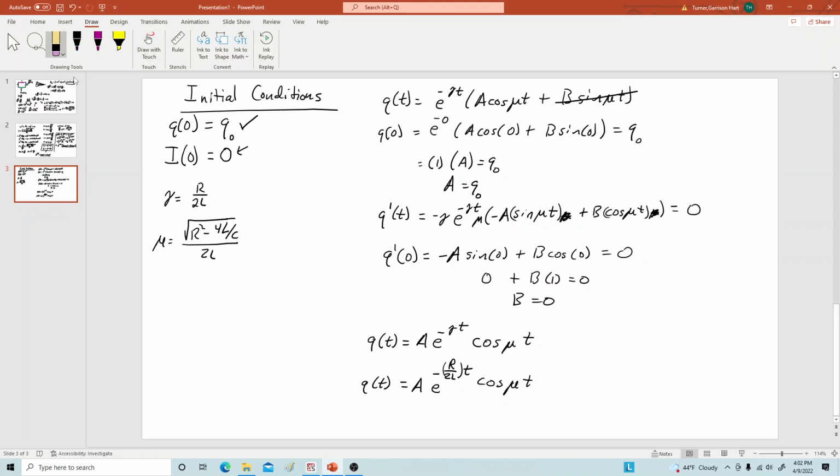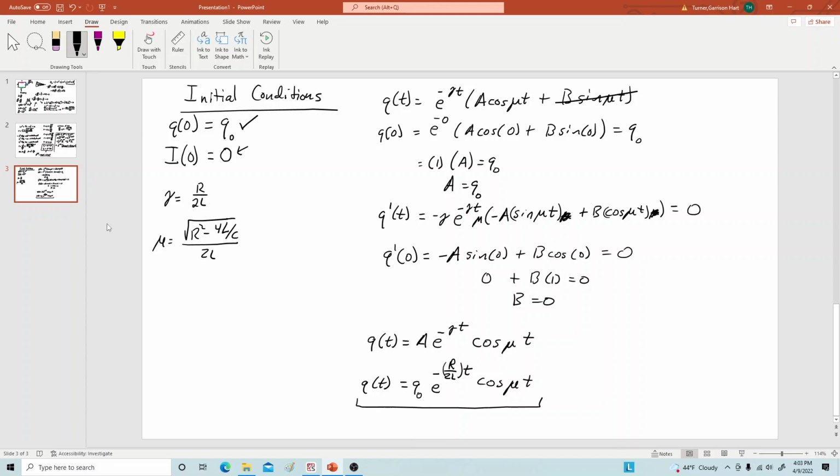So a is q naught. And if you think about it, that should make some sense, right? So my function for the charge as a function of time is the original charge on my plates at time 0, then exponentially decays while it's oscillating. Okay, so this is where the solution in the book comes from.